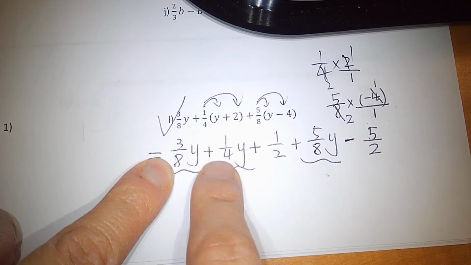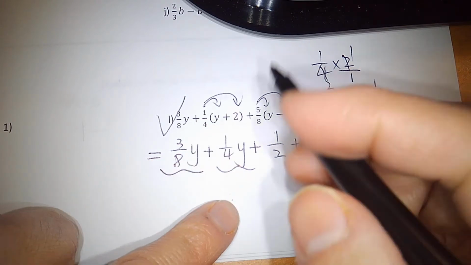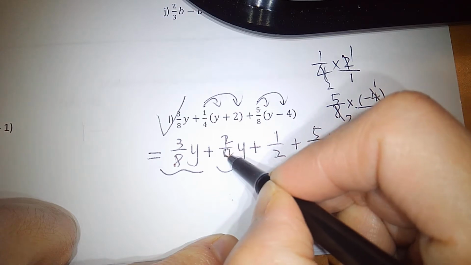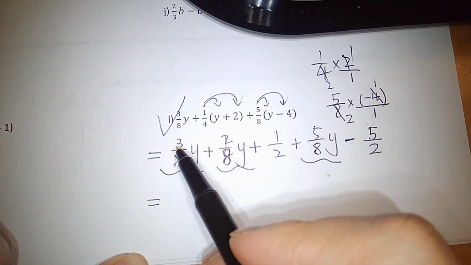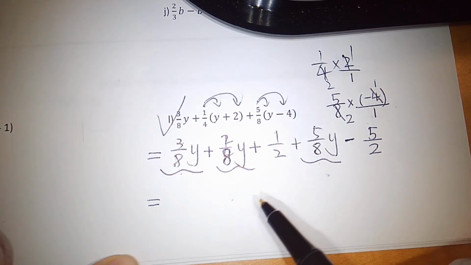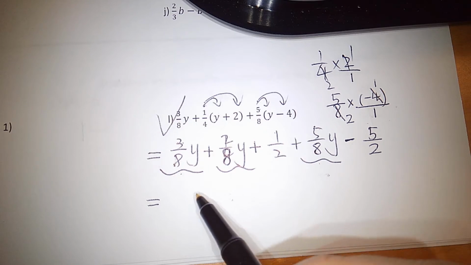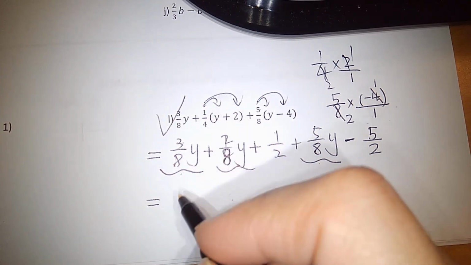Can we rewrite 1/4 as something over 8? Yeah, 2 over 8. What do you think? Now we're able to add up 3 over 8 plus 2 over 8 plus 5 over 8 and see what we can have. 10 over 8, right?